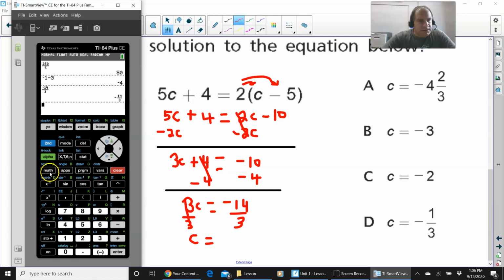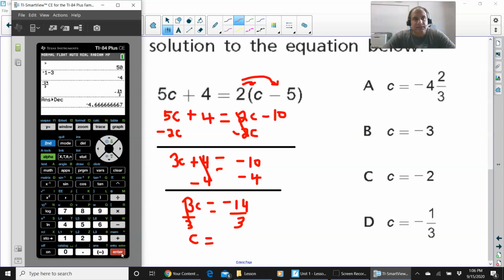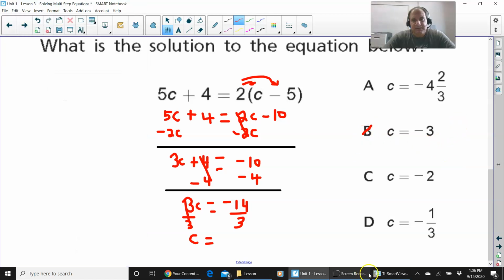So take a look. You see this math button? See how it says fraction? We don't want that. We want a decimal. Press enter. You bring it down to decimal. Press enter. It's going to take your answer and get a decimal out of it. I still don't see that somewhere here, but it's not c equals negative 3.